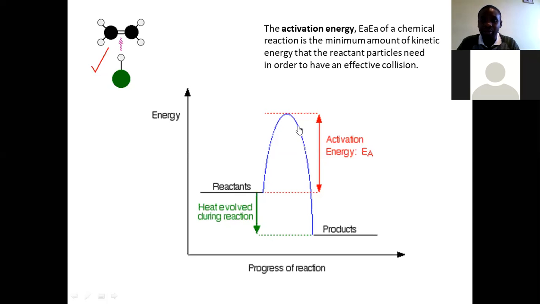They must climb this hill, this energy gap, before they can form an activated complex. Then they can react to give us the product. So this energy gap, which is required before the reactants can join together, is what we are calling activation energy.